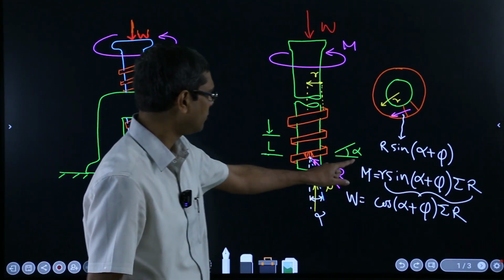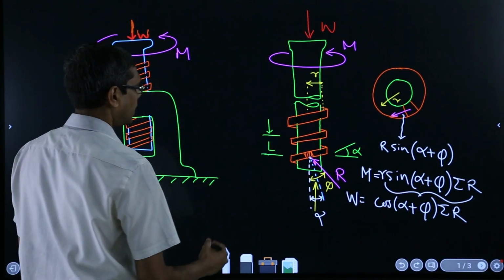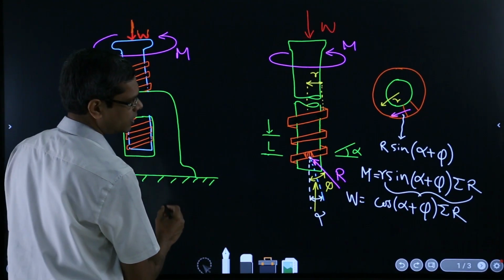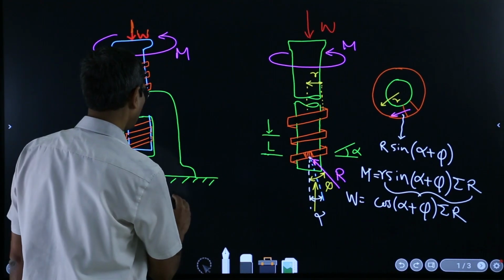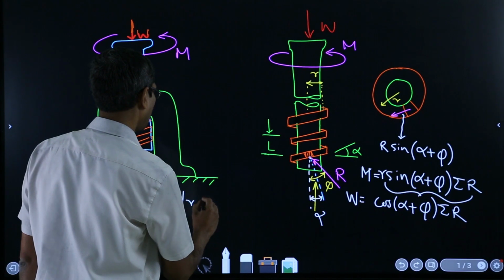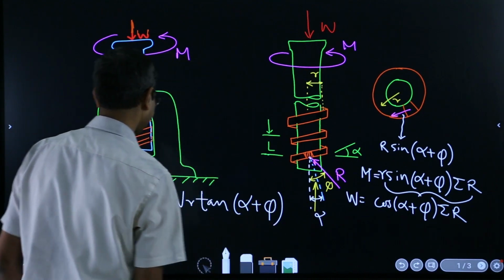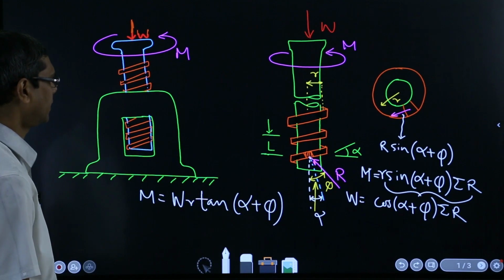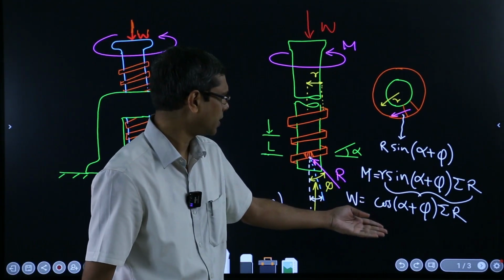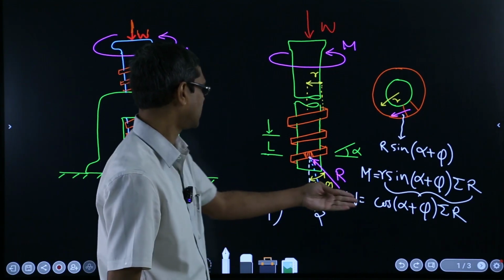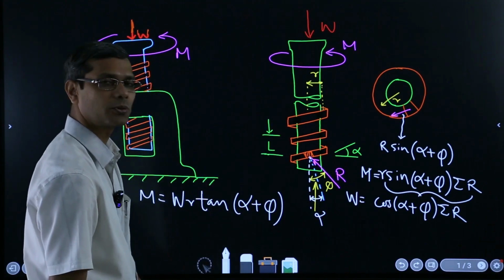If we eliminate, we will get a relationship between them, and that relationship will be M is equal to W times r times tan of alpha plus phi. So just divide them basically. If you divide this by this, you will get M over W r equals tan of alpha plus phi.